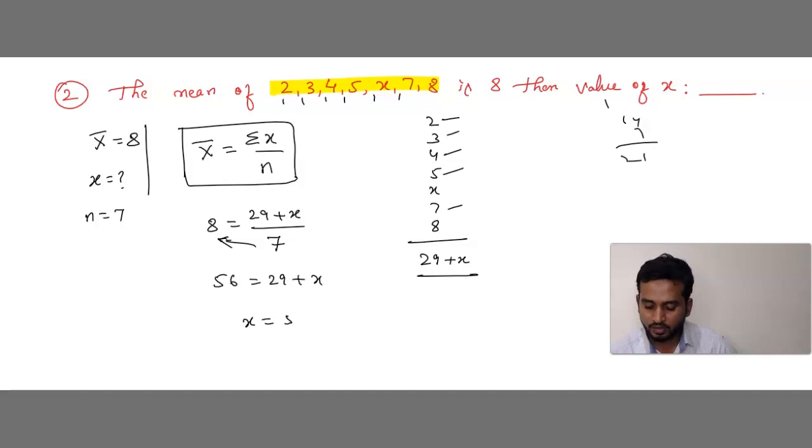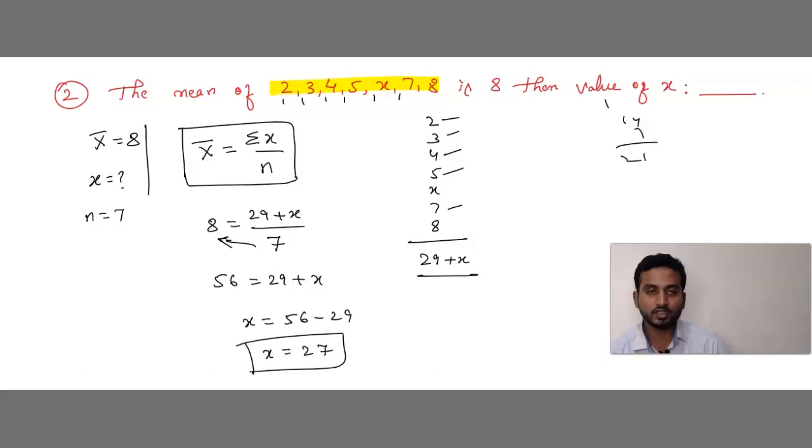So the value of x is 56 minus 29, that's nothing but 27. Is this clear? So this is the way you can expect the questions also. Any doubts?